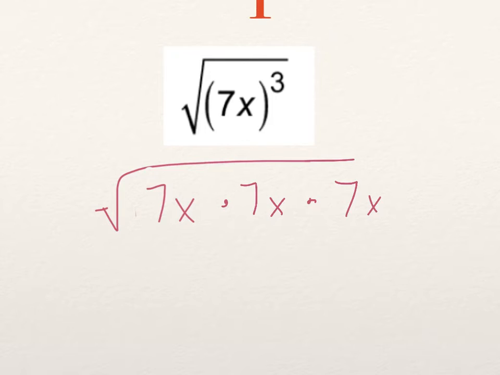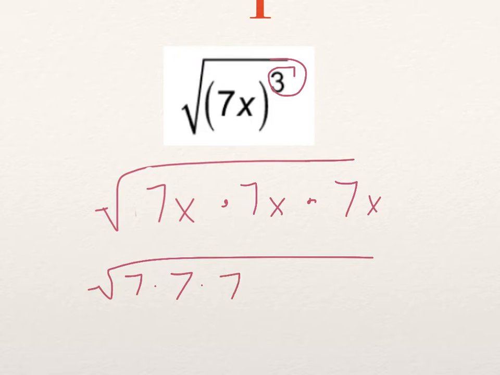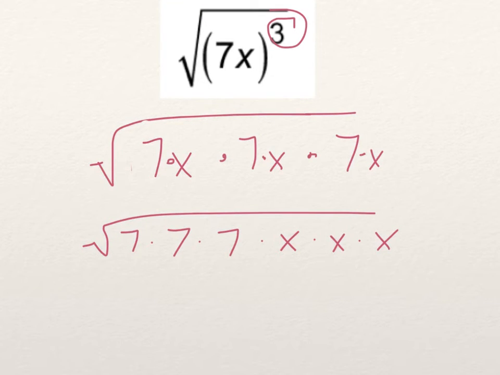We have the same thing 3 times. So this exponent just means that we're multiplying it 3 times. So we have the square root of 7 times 7 times 7 and x times x times x. I just separated all these because 7x is like saying 7 times x. So I reordered it so we have the numbers first and the exponent second.